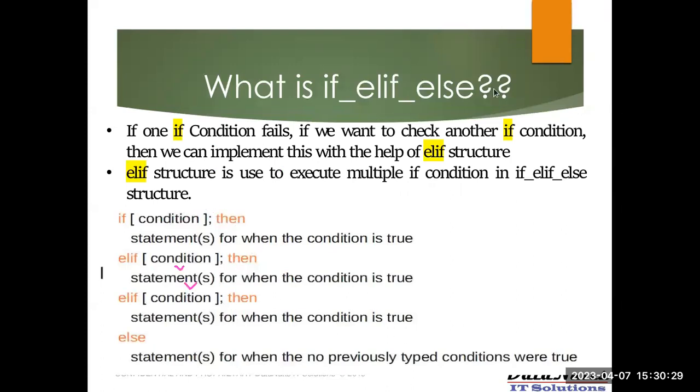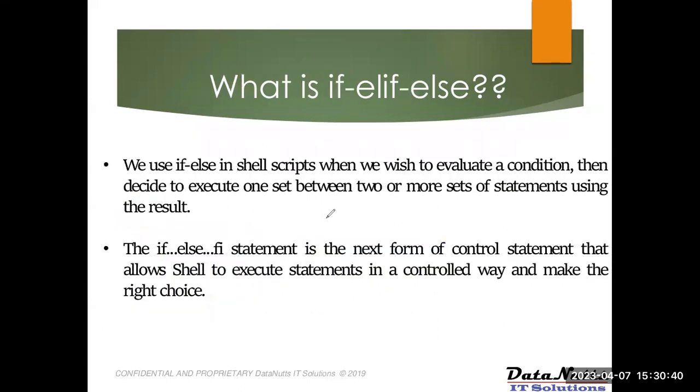So this is about the elif structure, which is part of the if elif else structure. Whatever we have discussed in the previous slides says that we use if else in shell script when we have to evaluate a condition, and on the basis of the result of the condition, we can decide which particular set of statements is to be executed.